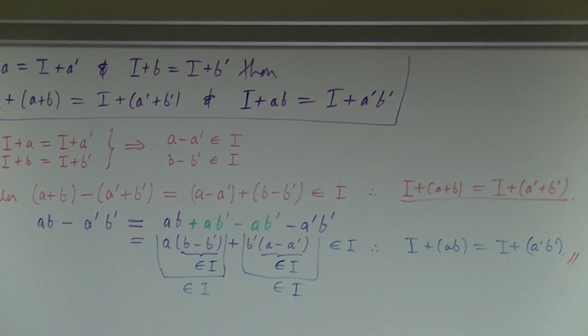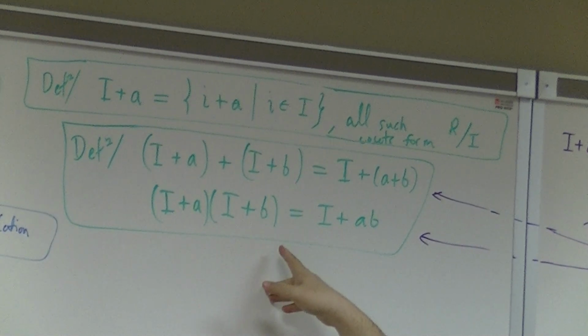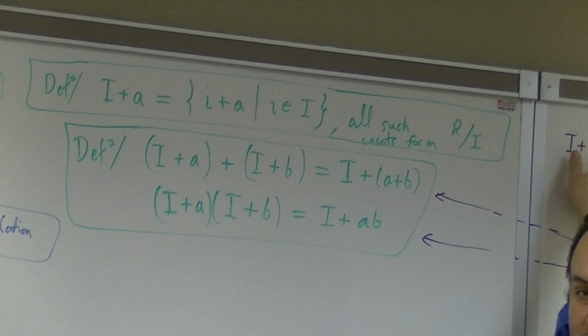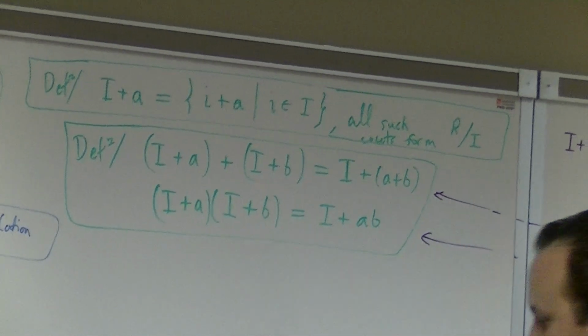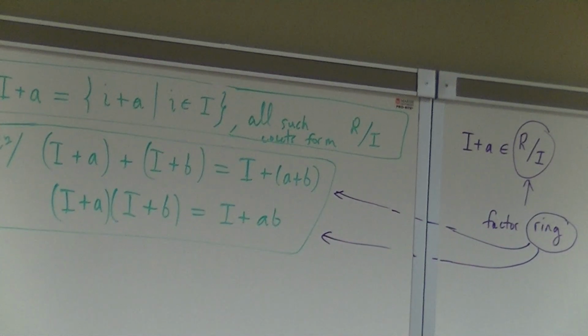So this definition is reasonable, right? And we can soon prove that R mod I forms a ring. So let's do that here. How can we prove the theorem? I'll do it in black.